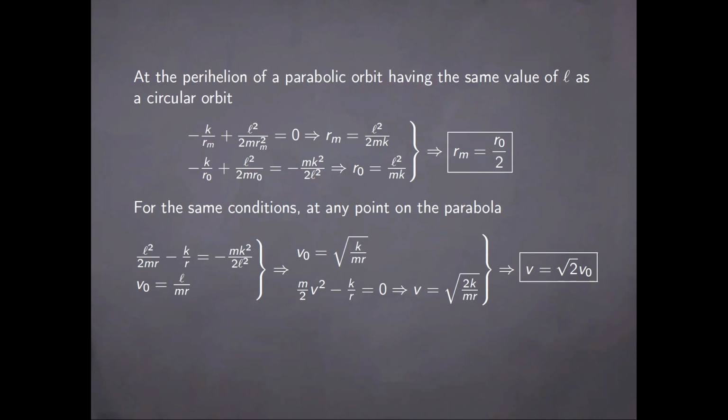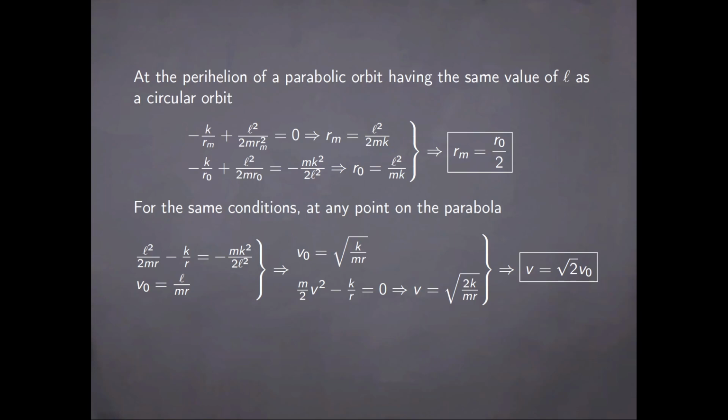We can do the exact same thing for the motion on a circle of radius r0 and find the expression here. And now it's very clear that since the L values are the same in both cases, for this particular configuration, the perihelion radius of the parabola is half of the radius of the corresponding circle.